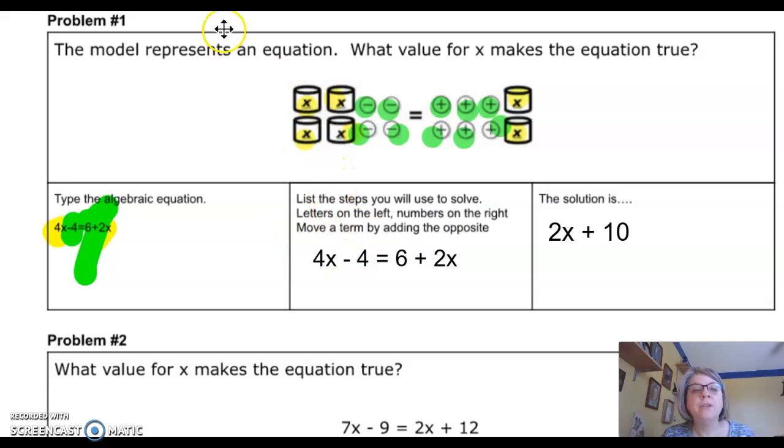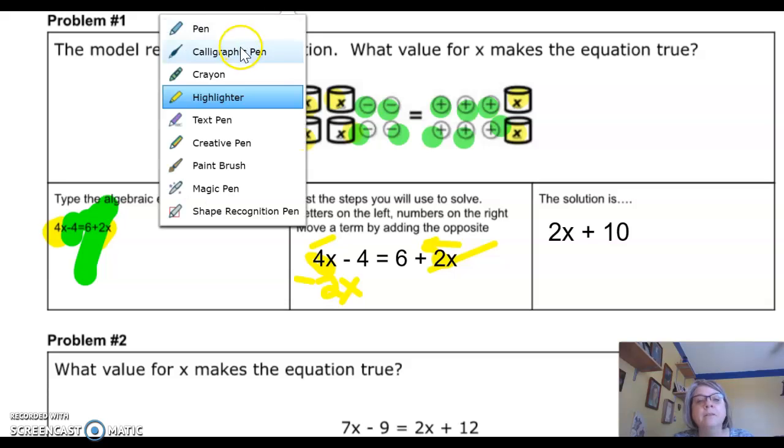So my first step is I'm going to move my letters to the left. My letters are 4x on the left side, but 2x is on the right and is going to need to change. He's going to go over there. So I'm going to add a negative 2x to my 4x, and that's going to be taken away.